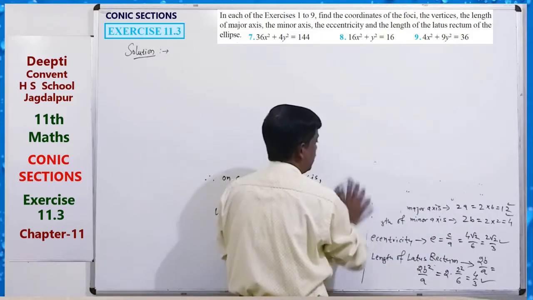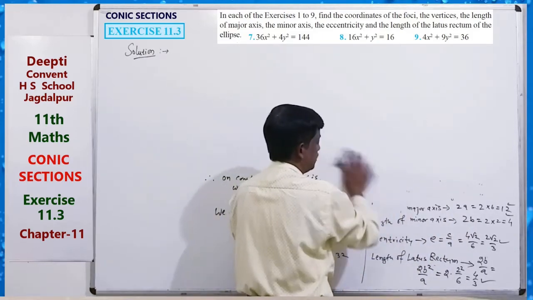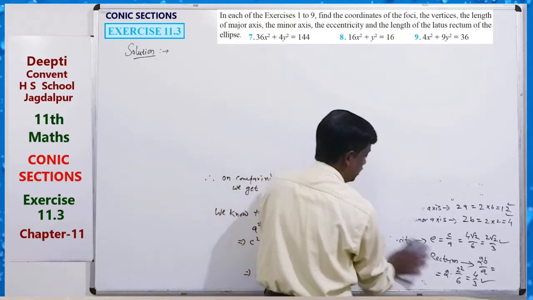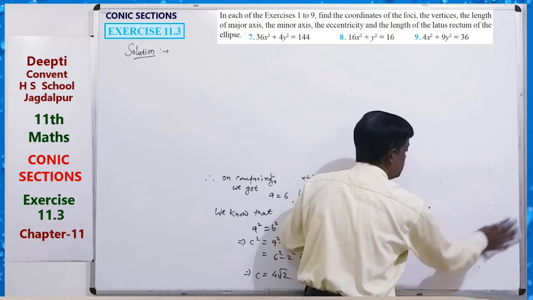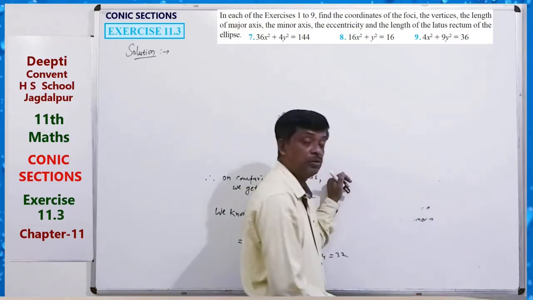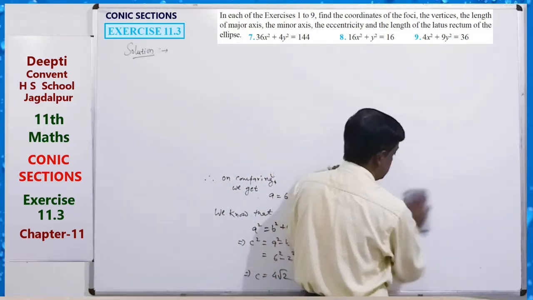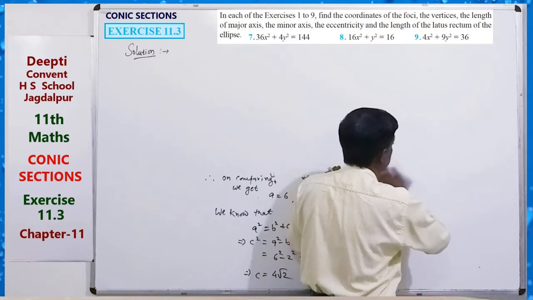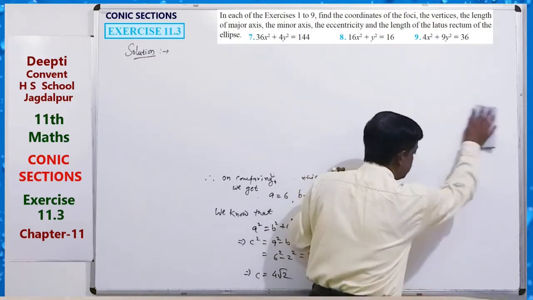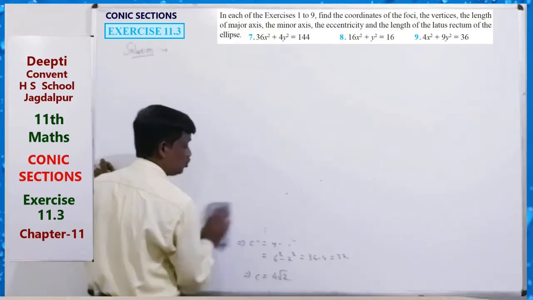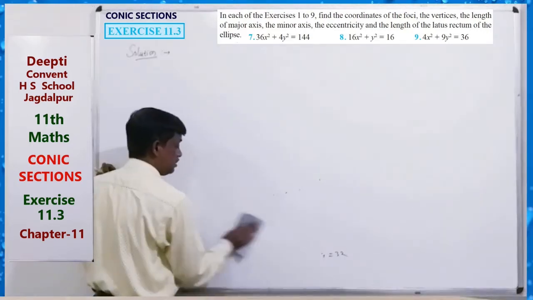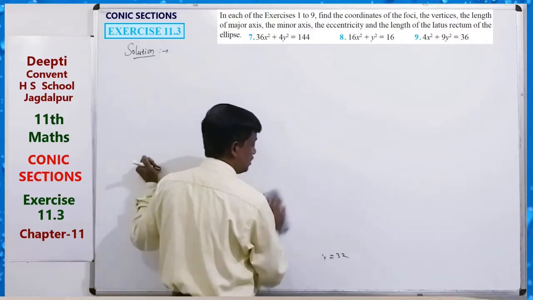For finding the equation of the ellipse, if we know any two of the three values a, b, c, that is a and b, or a and c, or b and c, then we can find the third value. There are two constants in the equation of the ellipse, a and b.